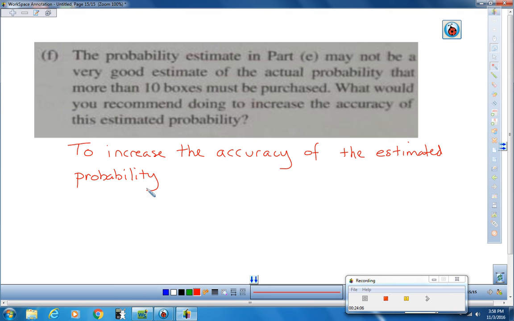So to increase the accuracy of the estimated probability, we should do as many trials as we possibly can. So we should run as many simulations as possible.